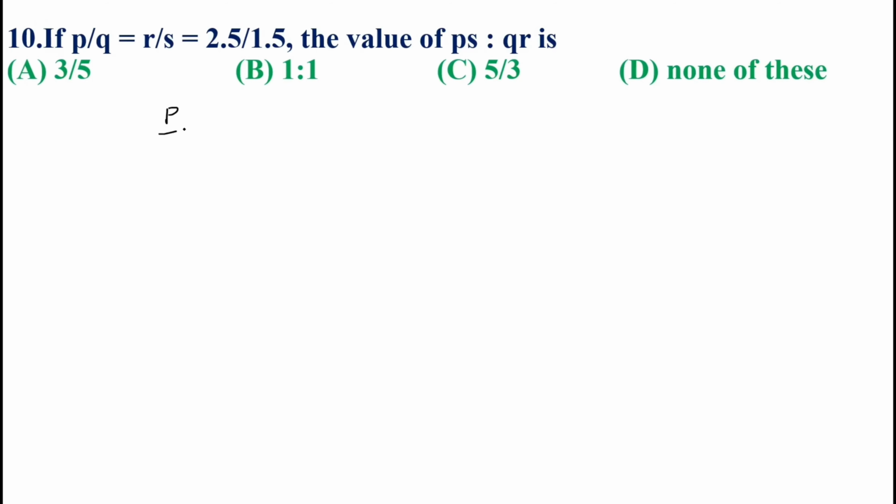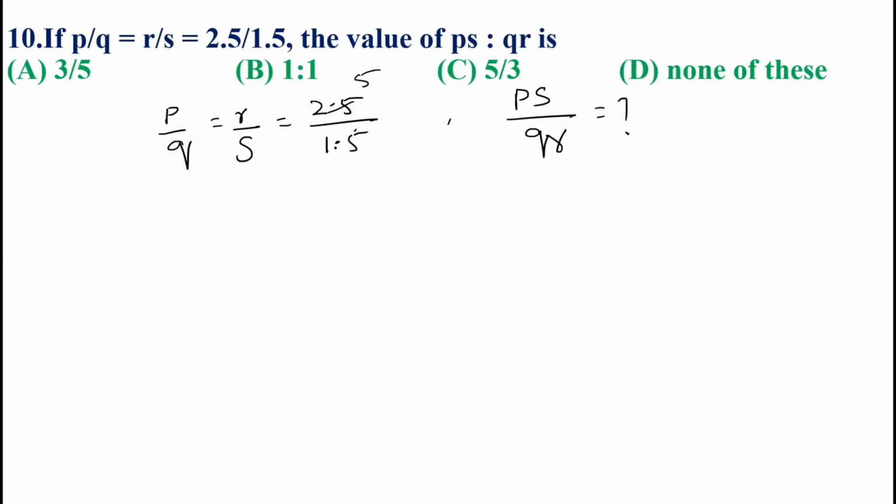They have given P by Q is equal to R by S is equal to 2.5 by 1.5. Then I need to calculate PS by QR. Same decimal points in the numerator and denominator. So 5 5s are, 5 3s are. So P by Q will become 5 is to 3.